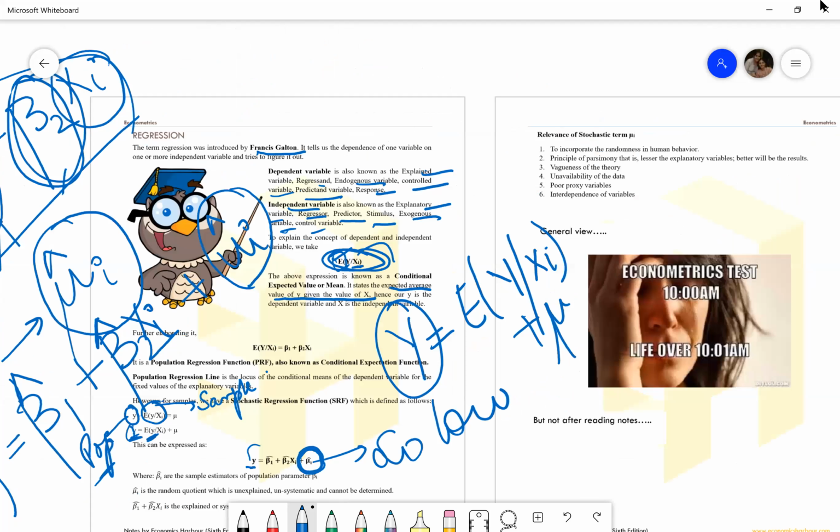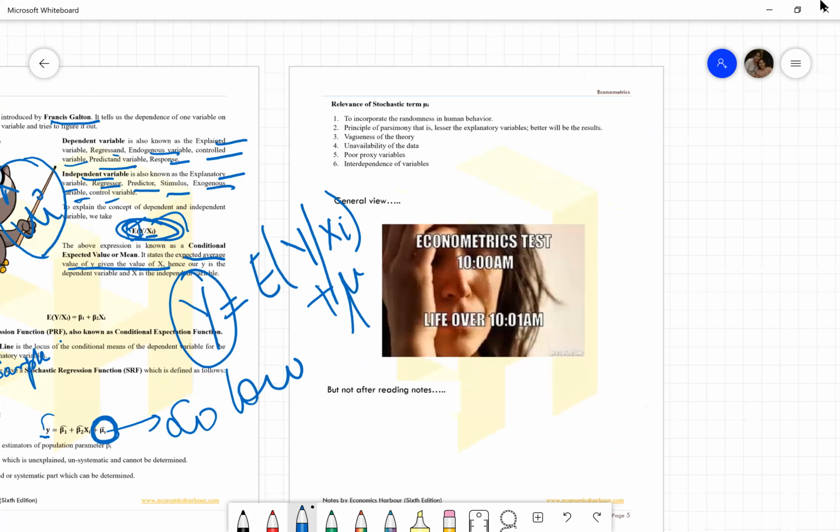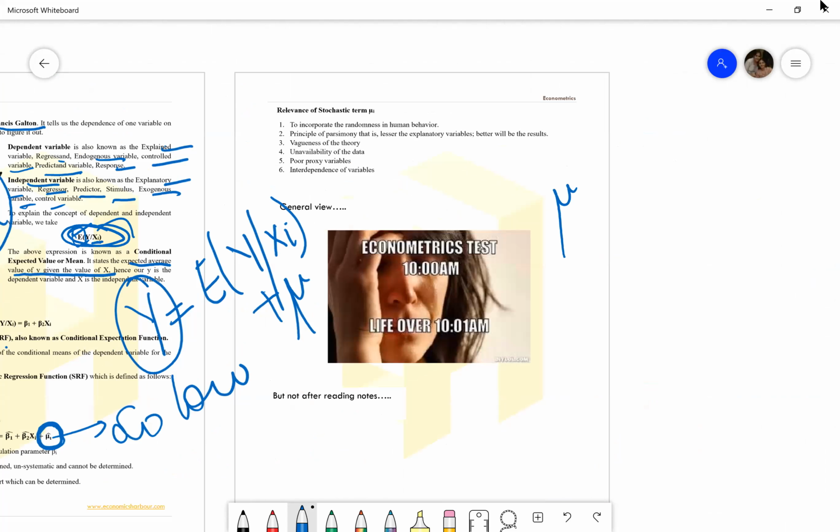Okay. So again, why do we add that error term in our stochastic regression function? It is just to incorporate the randomness in human behavior, right? The principle of parsimony, that is, the fewer the explanatory variables, the better the result. Vagueness of the theory, unavailability of data, poor proxy variables, and interdependence of variables.